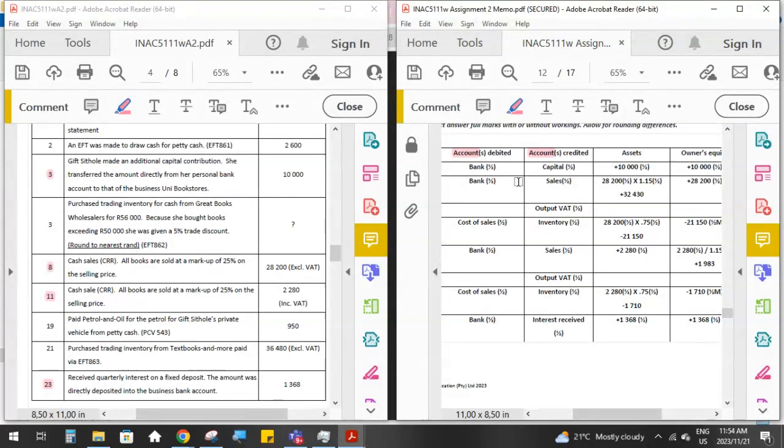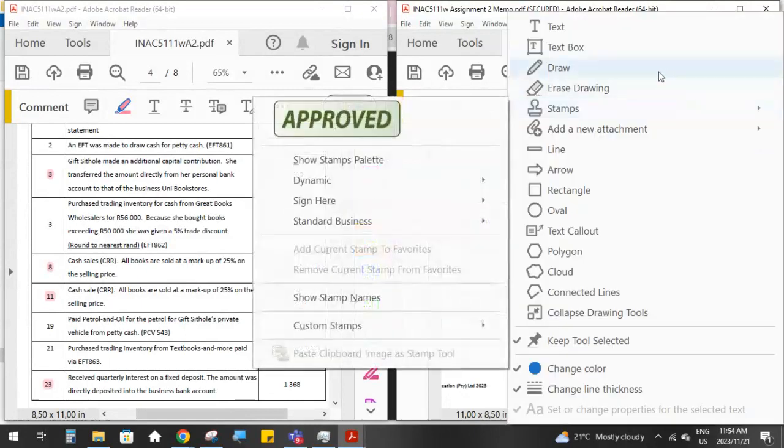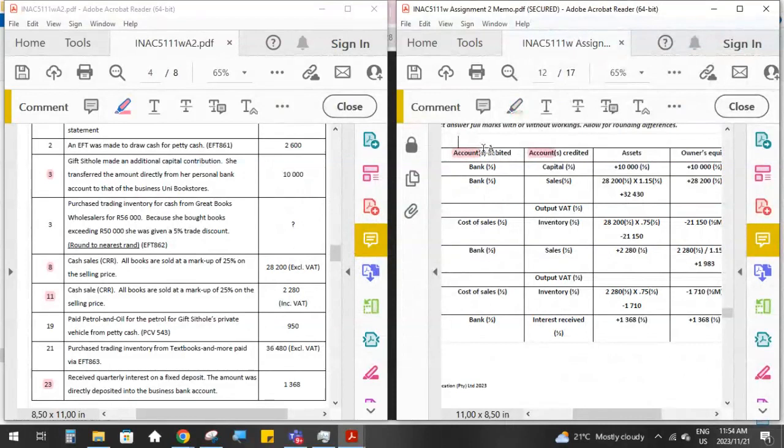It's also the name that will appear on the trial balance and the name that appears at the top of each T account in the general ledger. What it is not is a description of what you bought or who you bought it from. Okay. The general ledger account name. That's what must go there.